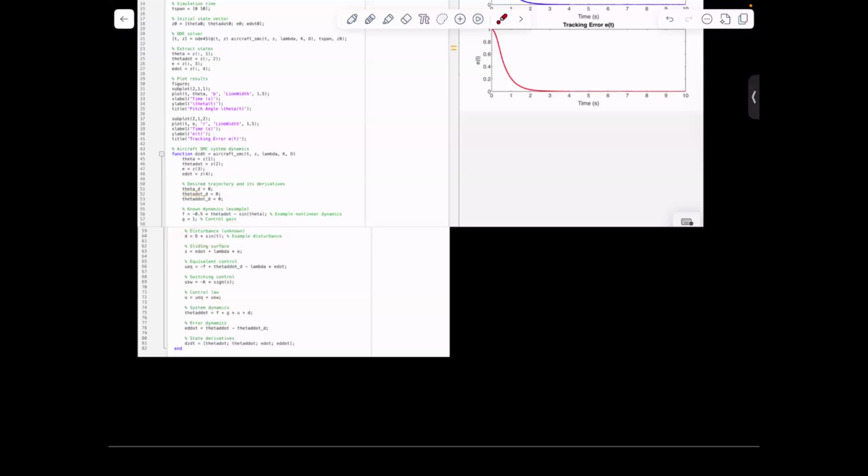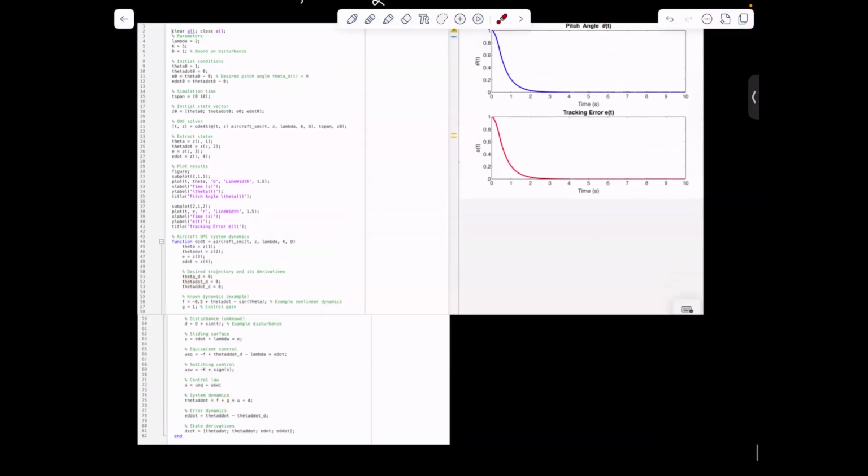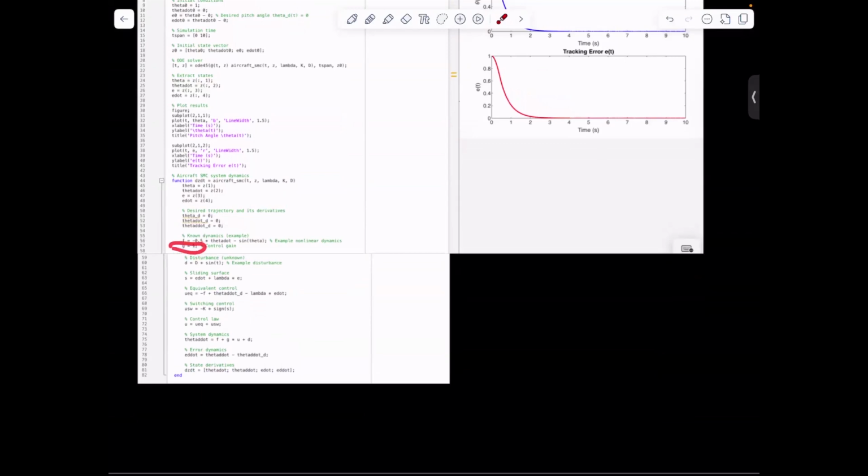So we have some sinusoidal disturbance acting on the system. And this is the sliding surface, the same structure we considered in the analysis. This is the equivalent control, this is the sliding control, and this is the total control affecting the dynamics. This is the theta double dot equation, F plus Z into U plus D. Here we have considered Z equal to 1.